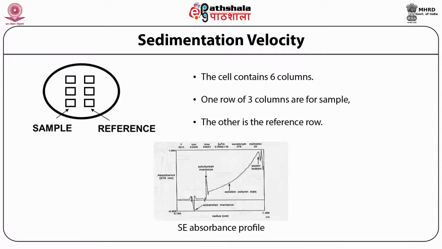Also, several scans are taken at a given rotor speed to ascertain whether equilibrium has been reached or not. If it has been reached in scan 1, then you can take scan 2 an hour later and look for the same. The sedimentation equilibrium experiments have a lower rotor speed than the sedimentation velocity experiments.